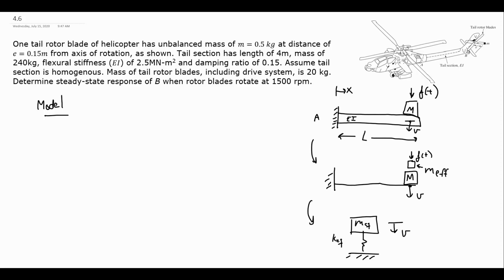We're still going to be saying for the beam, if we know its deflection at one point, we know it at all points. So we're going to be just tracking that V and getting it down to this level where we have a mass and a spring, and we're also going to have that forcing acting on it.